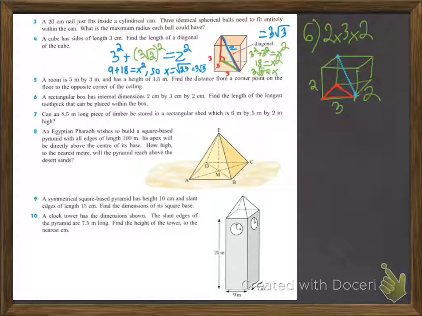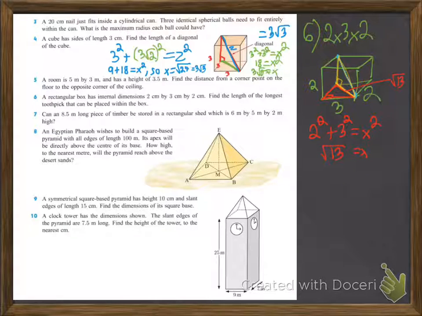So let's go ahead and do that. So that's the right triangle there, and we'll find the golden triangle in just a moment. So let's find the hypotenuse of the red triangle. 2 squared plus 3 squared equals x squared. x equals square root of 13. So that's the hypotenuse of the red triangle.